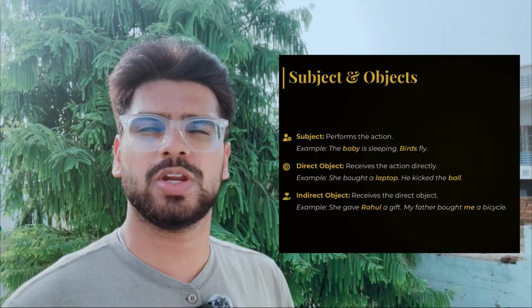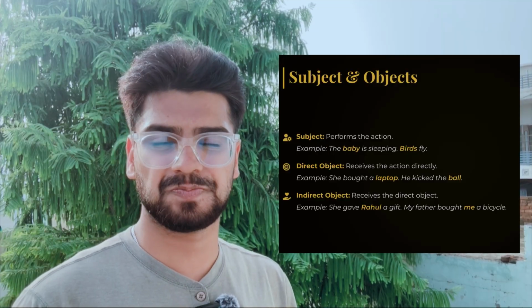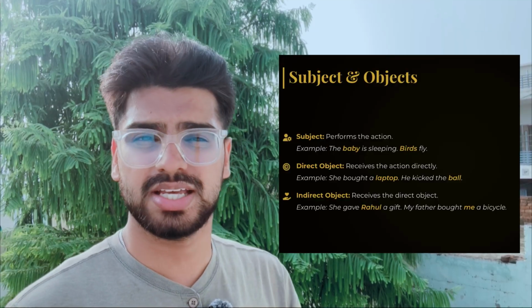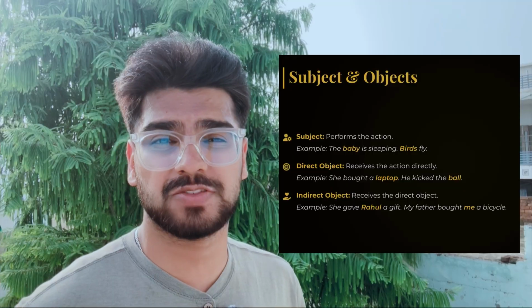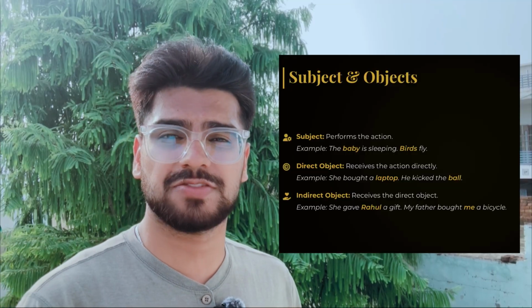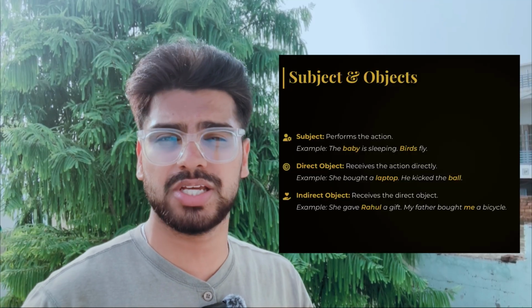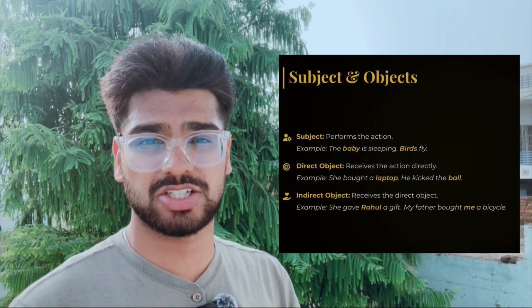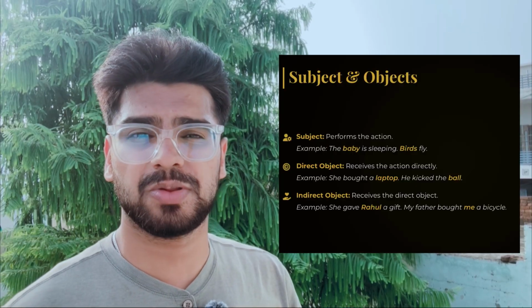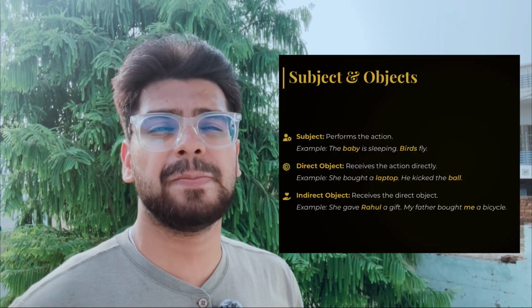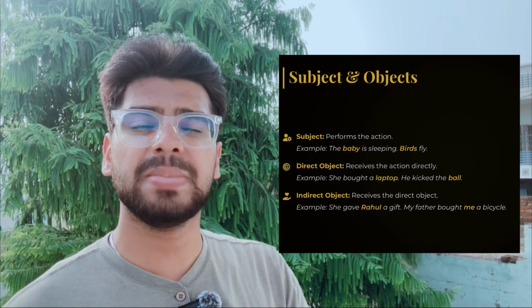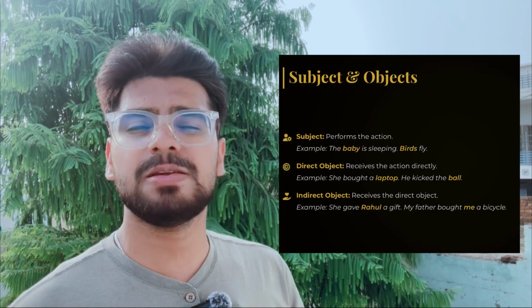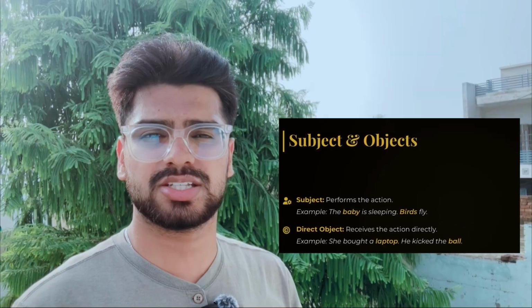Music is the noun and direct object. Indirect object. She gave Rahul a gift. Rahul receives the gift. Here, Rahul is indirect object and gift is direct object. Another example. My father bought me a bicycle. Here, me is indirect object and bicycle is direct object.